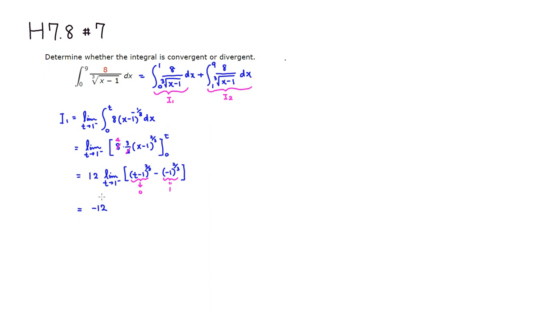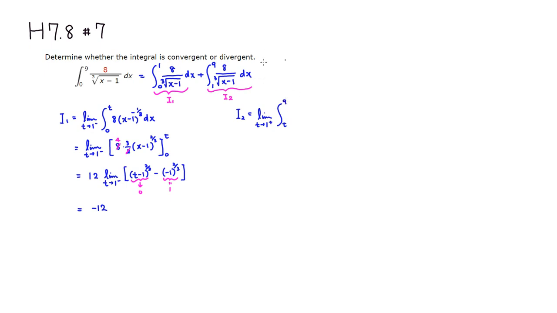How about the other one? Let's find I2. Again, the troublemaker is 1, so I'm going to replace 1 by t. Then we put the limit as t approaches 1, this time from the right, and then go up to 9.